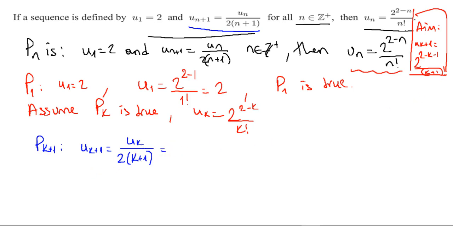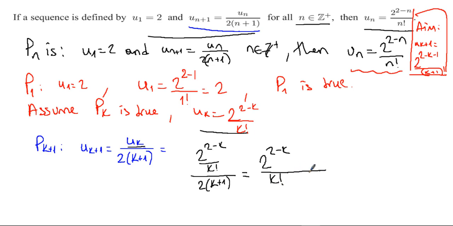So let's go. What's u_k from our assumption? We need to use it. It's given: it will be 2^(2-k) divided by k factorial, divided by 2k plus 1. If you write it in simple form, it is rewritten as 2^(2-k) divided by k factorial times 2k plus 1.